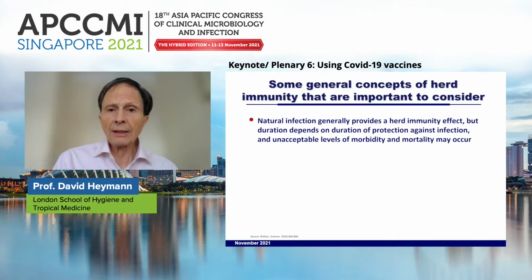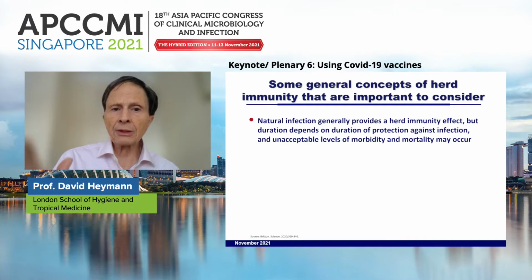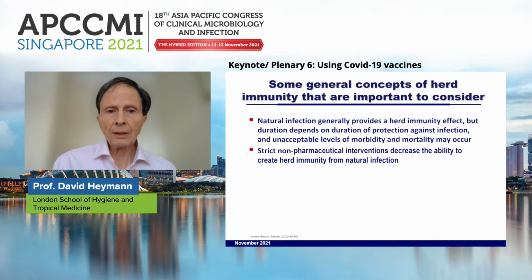First of all, natural infection generally provides a herd immunity effect, but the duration of that effect depends on the duration of protection against infection. And unacceptable levels of morbidity and mortality may occur while that natural herd immunity develops. Strict non-pharmaceutical interventions decrease the ability to create herd immunity from natural infection.